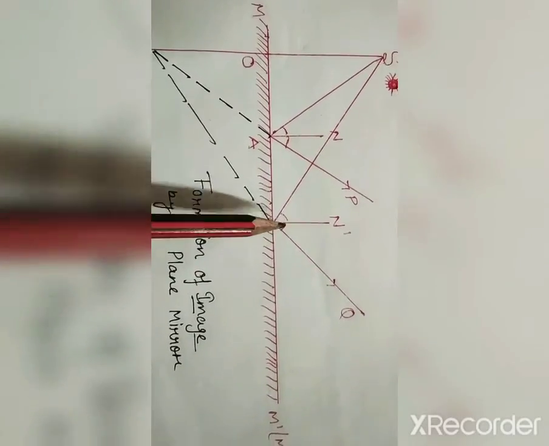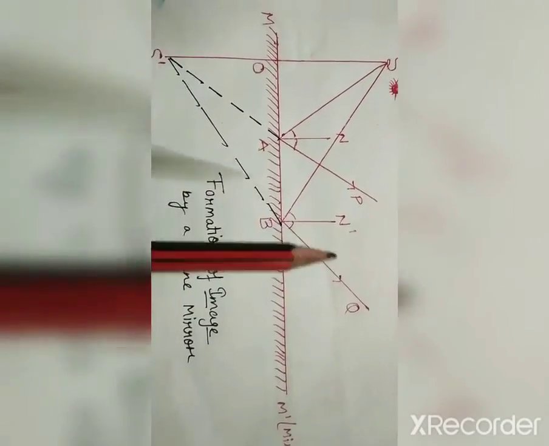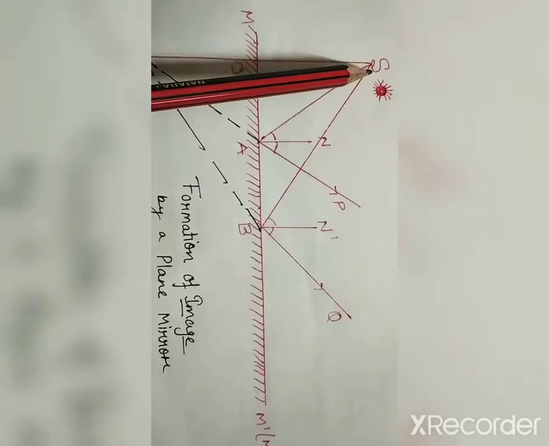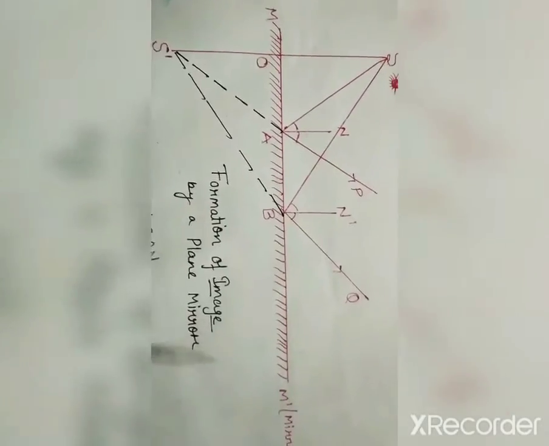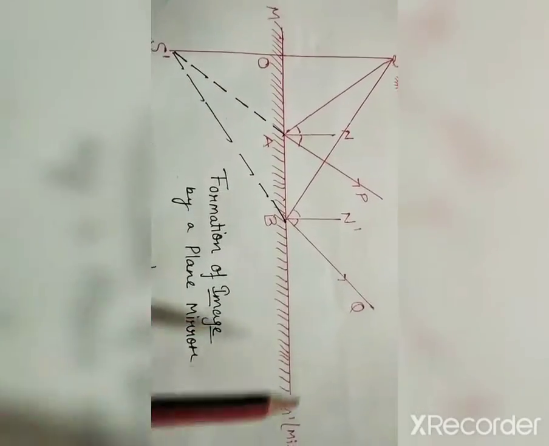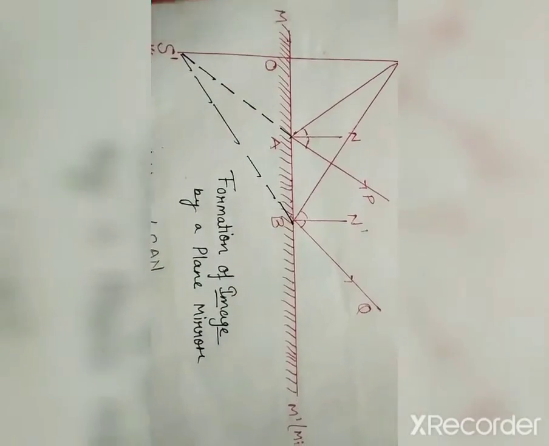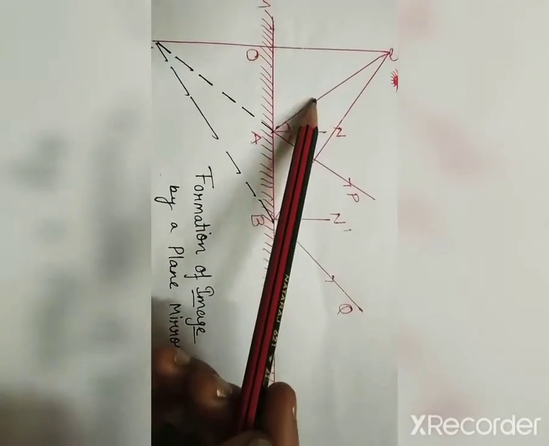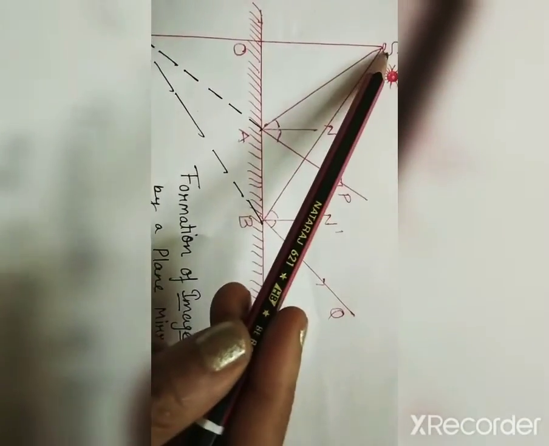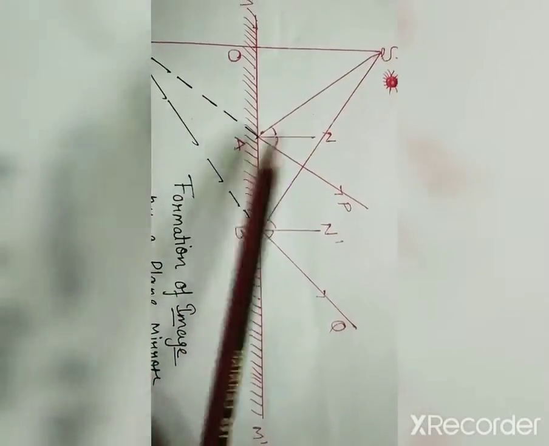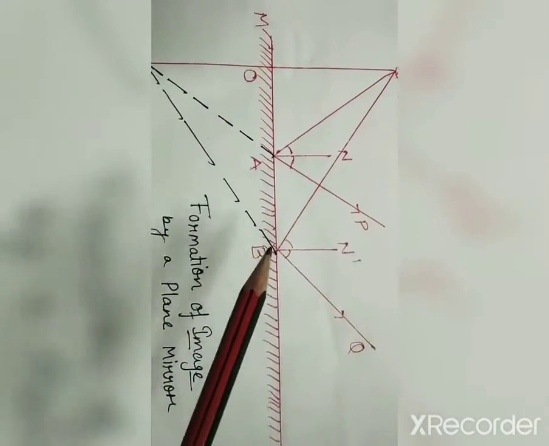Okay, so three things are clear. One, this is a light source S, this is the mirror M M dash, and there are two rays which are coming from this light source, SA and SB.